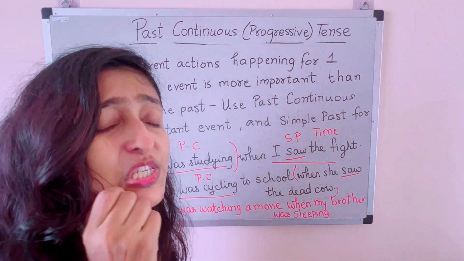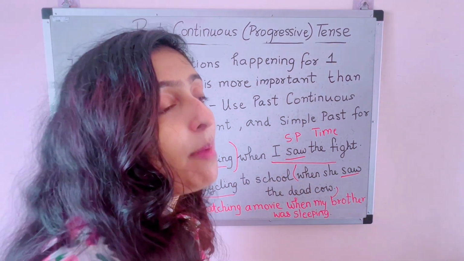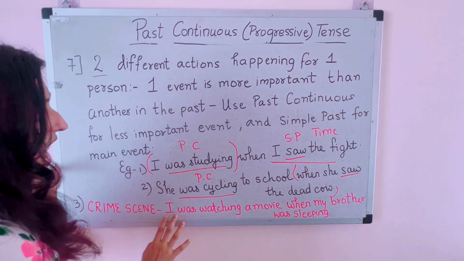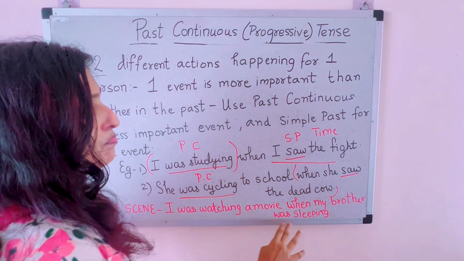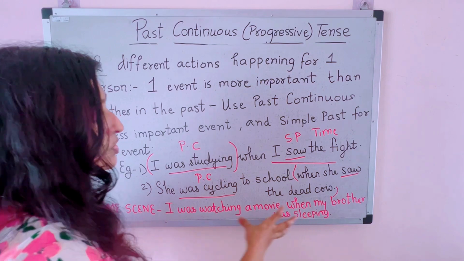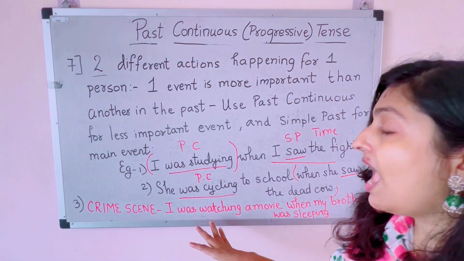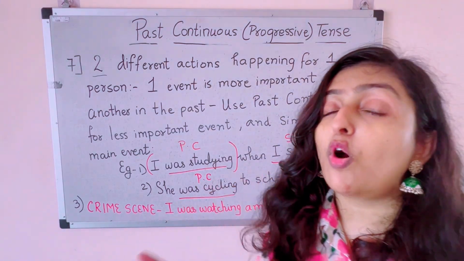Now look at the next example. It's a parallel action happening side by side. It's a crime scene. I was watching a movie when my brother was sleeping. There are two actions happening here: I was watching a movie and my brother was sleeping.